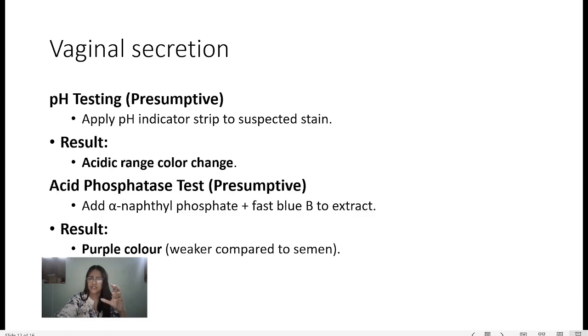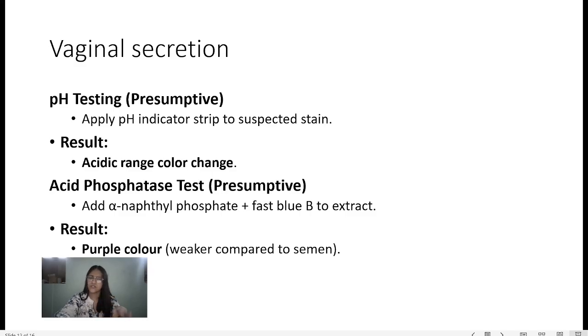The next test is the acid phosphatase test, which is also a presumptive test. The principle of this test is that vaginal secretion also contains the acid phosphatase enzyme. As I have told you earlier, semen also gives the acid phosphatase test. So we can say that the acid phosphatase test is not at all specific. It can be present in semen, in vaginal secretion and any other body fluid also.